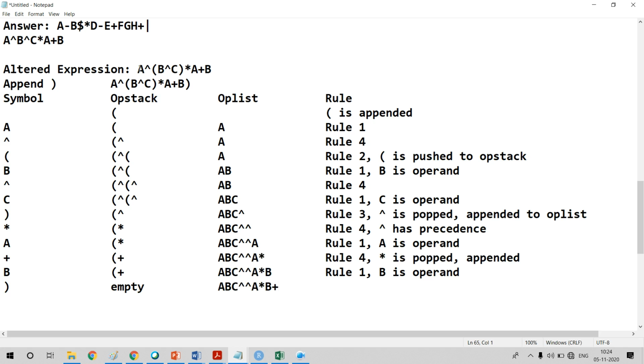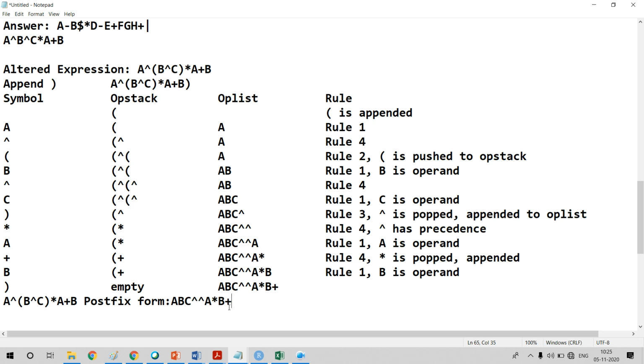So, for the given infix expression, the postfix form is ABC power A star B plus. This is the final answer.